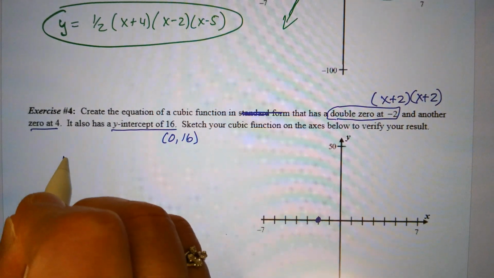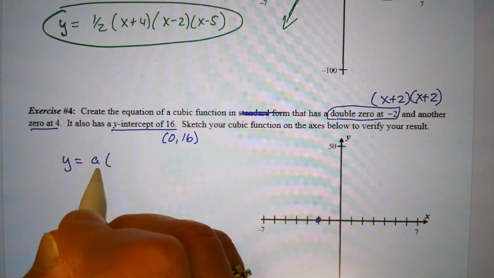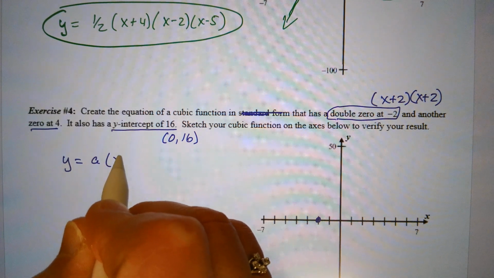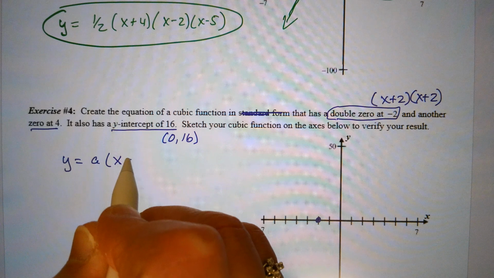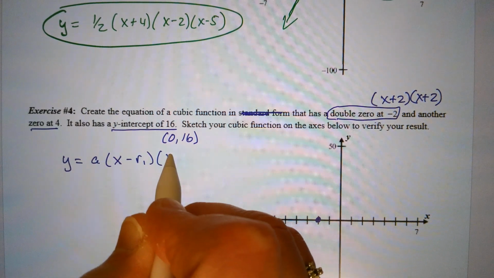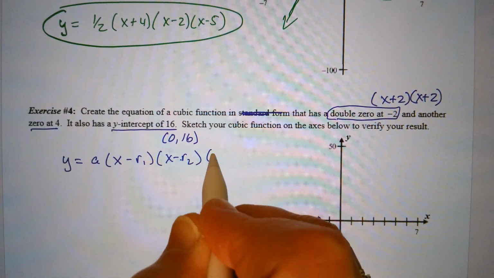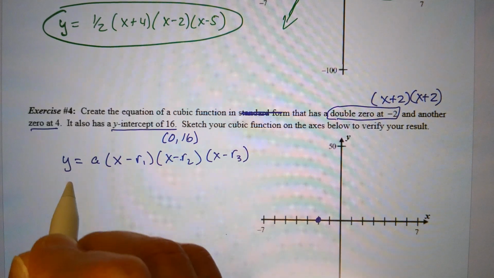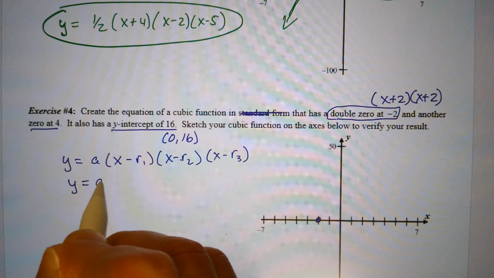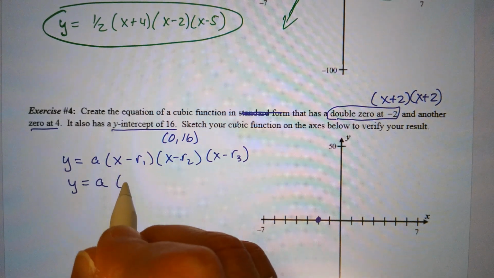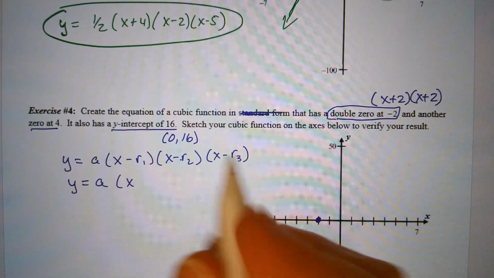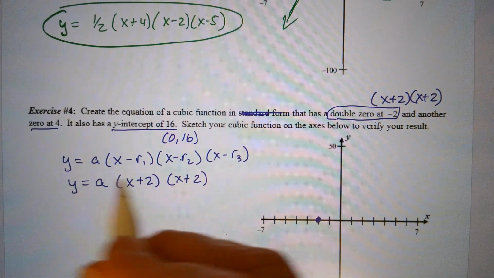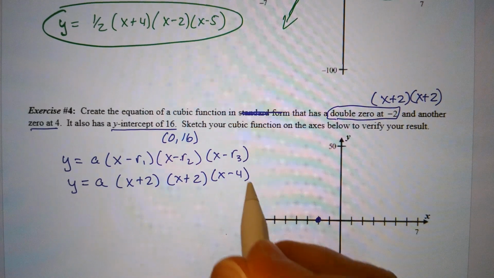Starting with our shell, y equals a times its cubic, x minus the first root times x minus the second root times x minus the third root. x minus the negative 2 is x plus 2, and x minus 4.